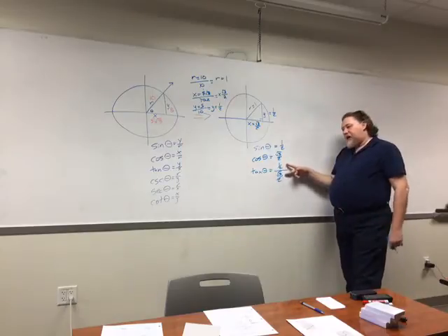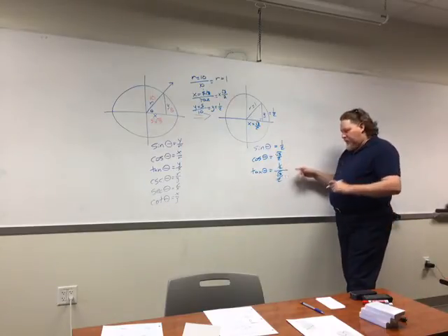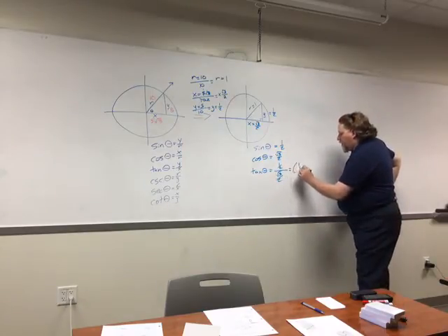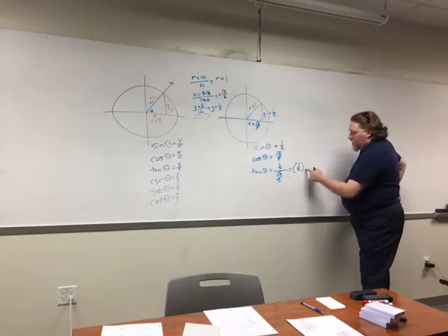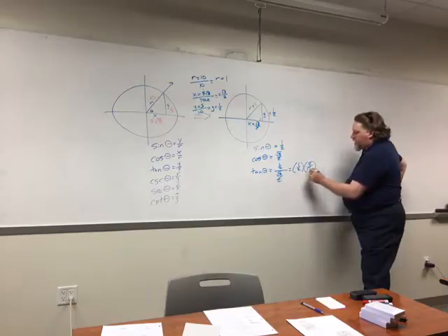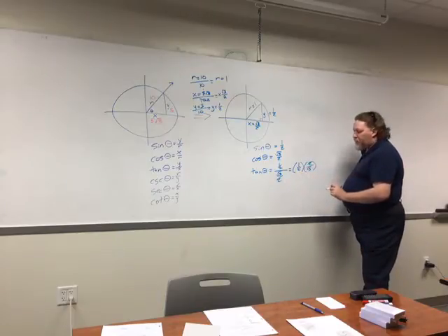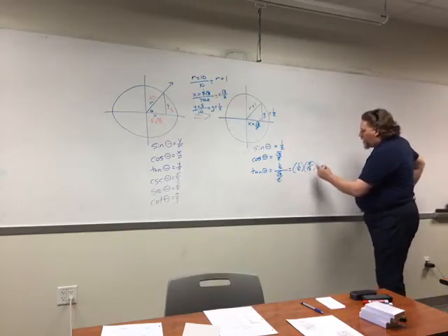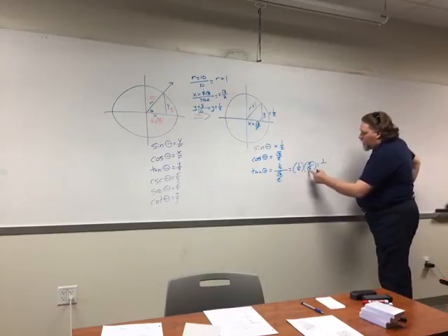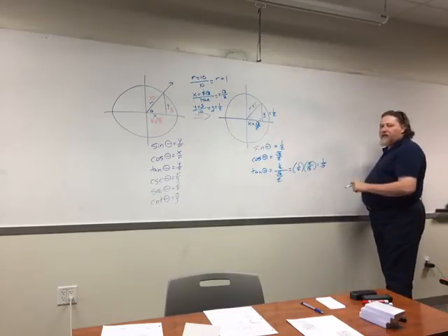Now, how do you divide a fraction by a fraction? You flip and multiply. So I have 1/2 times 2 over square root of 3. You notice the 2's cancel out, and I get 1 over square root of 3.